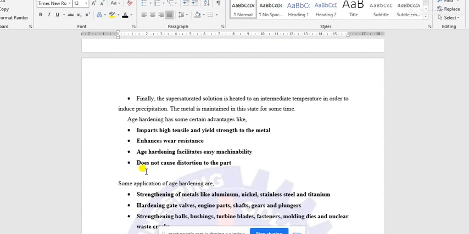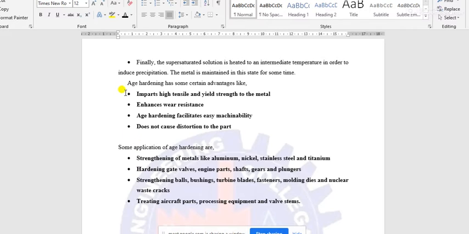I may show you the effects of age hardening or precipitation hardening, by which high tensile or high yield strength may be imparted to the metal, or wear resistance may be imparted, or the characteristics of malleability and machinability.